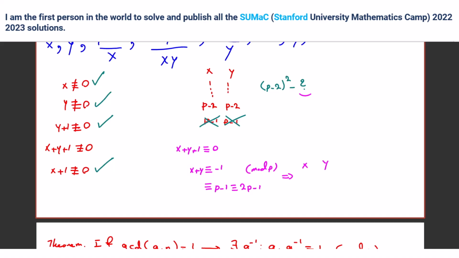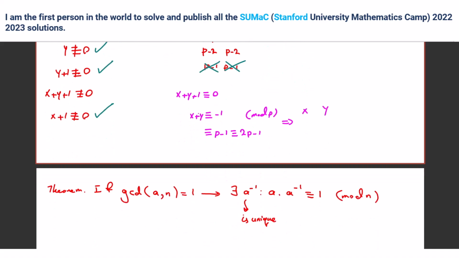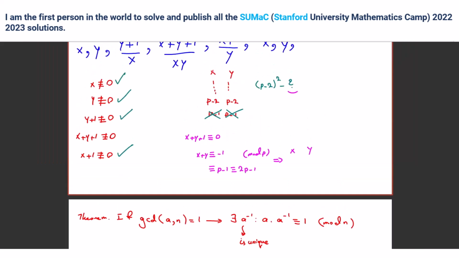We're trying to solve for this, the number of possibilities for x and y in terms of p. x plus y cannot be negative 1, it cannot be 2p minus 1 or greater. So x plus y should be equal to p minus 1, right? Yes, sir. And x is from 1 to p minus 2, y from 1 to p minus 2. What are the cases to reach this x plus y, p minus 1?